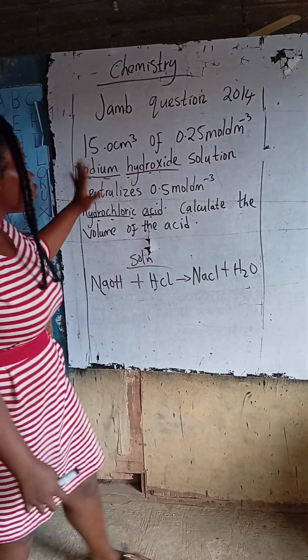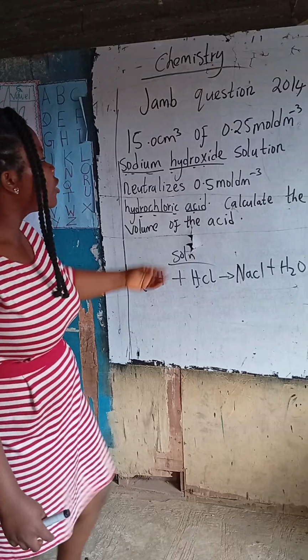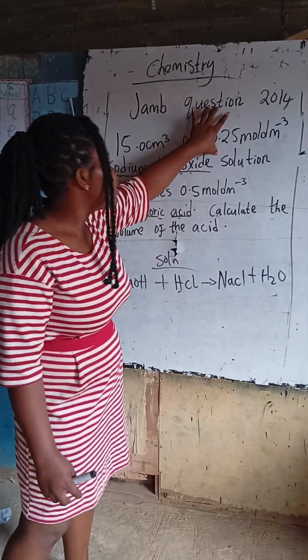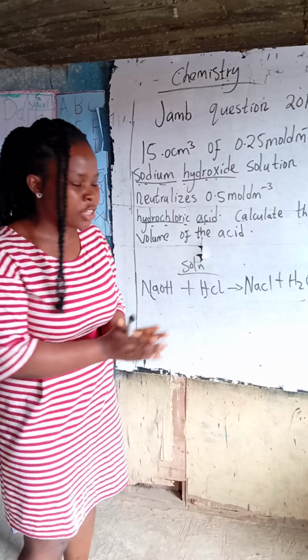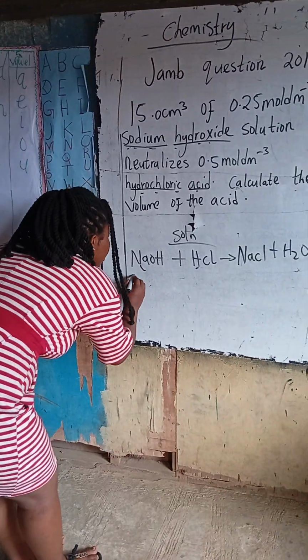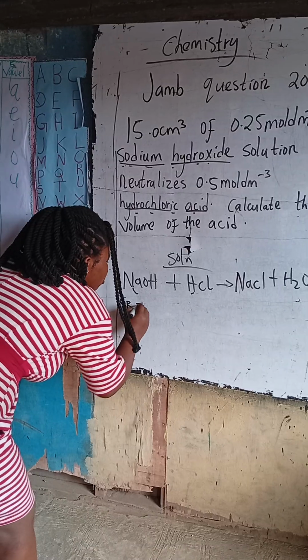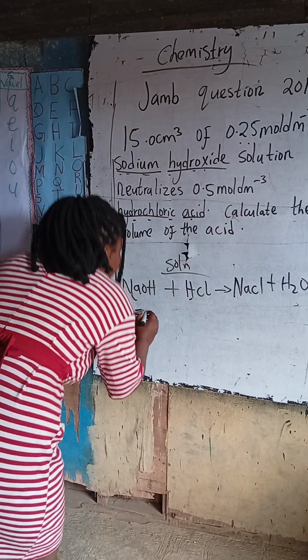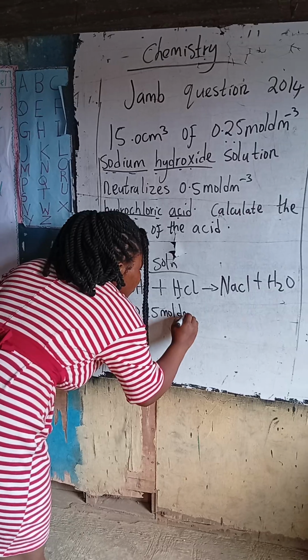Now, when we are given such a question, we are asked to find the volume of the acid. From the question, we are given the concentration of the base. We are given the volume of the base. So let's write down the values given in the question. We have the concentration of the base to be 0.25 mol per dm³.